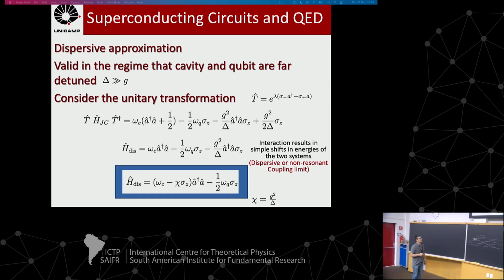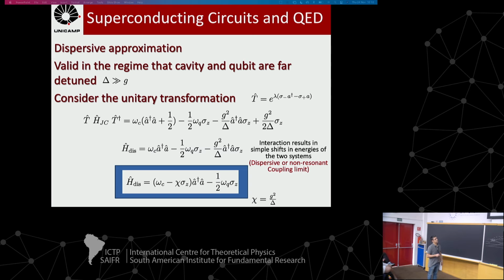And you see that this term is multiplying these two values: chi, that will be basically g squared over delta, where delta is the difference of frequency between the qubit and the cavity, times sigma z, that's the state of your qubit.